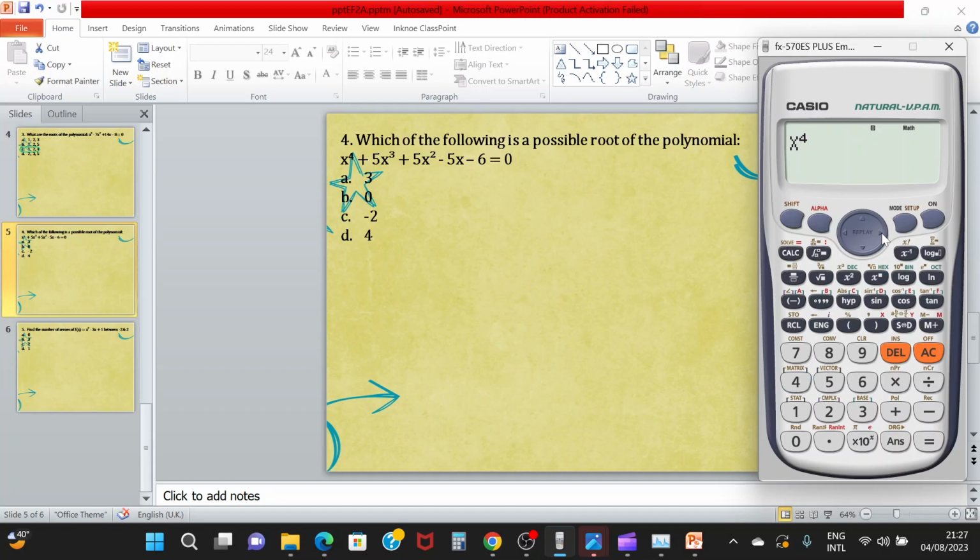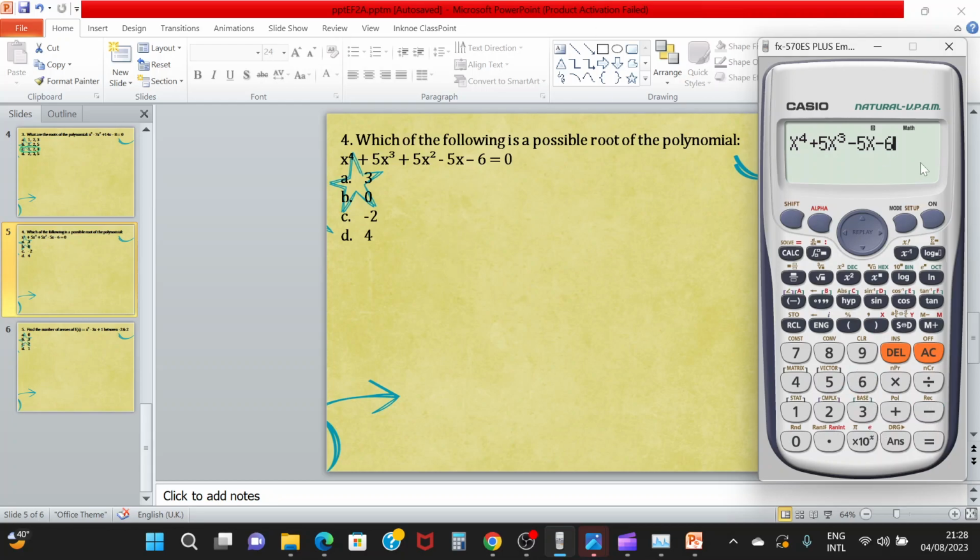sub 4, raised to 4, and then ibaba mo, with a plus 5x cubed, 5 alpha x, then this one, cube, ibaba mo ulit, minus 5 alpha x, minus 6. Okay?